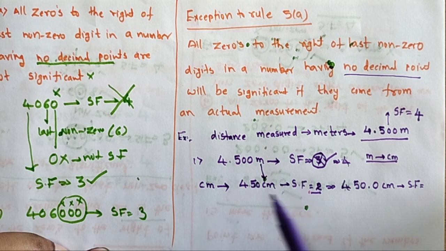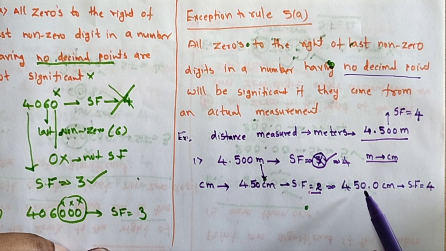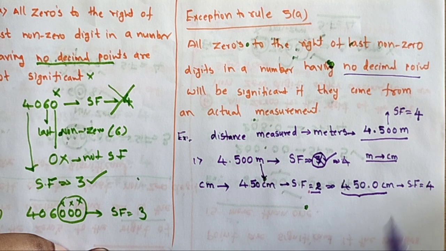For this purpose this 450 centimeter is converted to significant 4, that is 450.0 centimeter. This is the exactly correct answer. So 4.500 meter is equal to 450.0 centimeter.